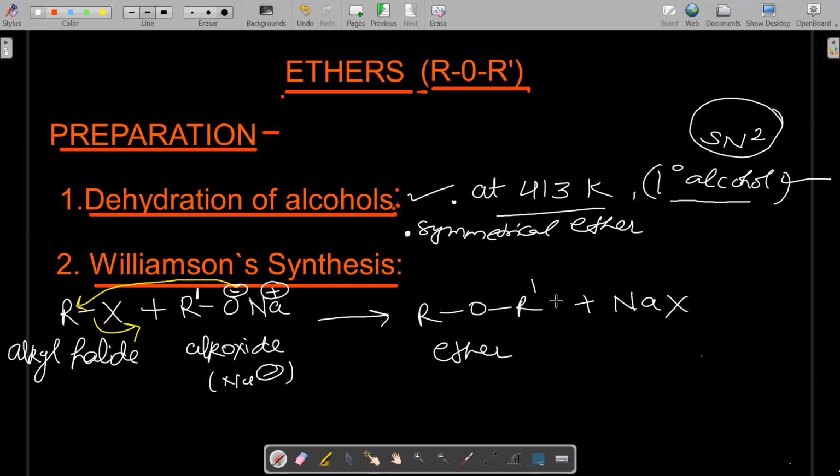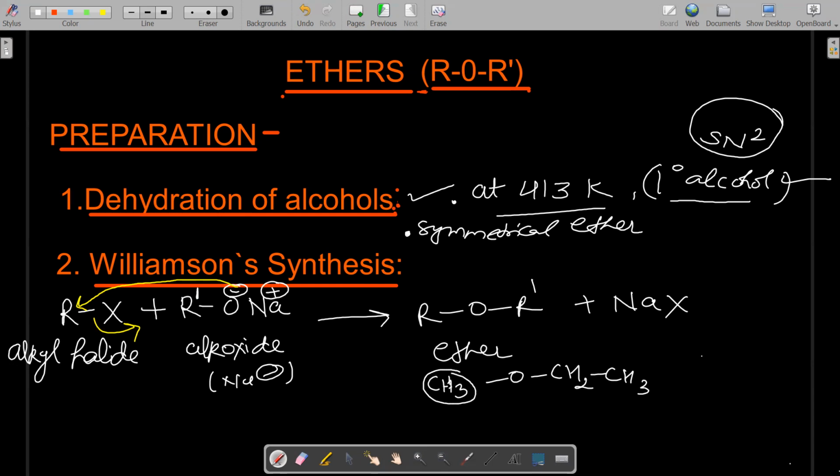If they are the same, that is a symmetrical ether, but if they are different, that is an unsymmetrical ether. In case of symmetrical ether, there is no problem, but in case of unsymmetrical ether, suppose the ether is CH3-O-C2H5.